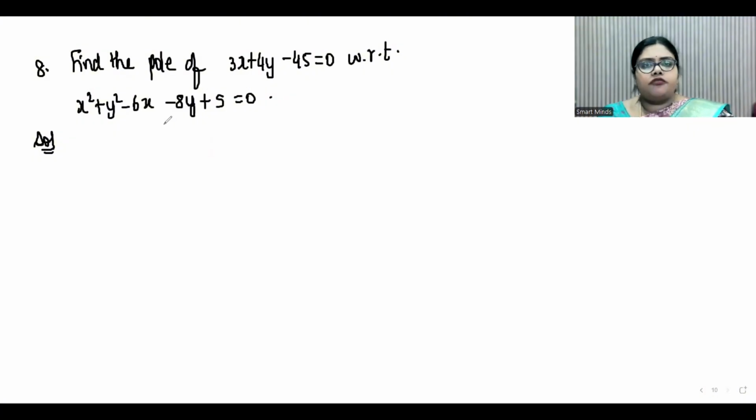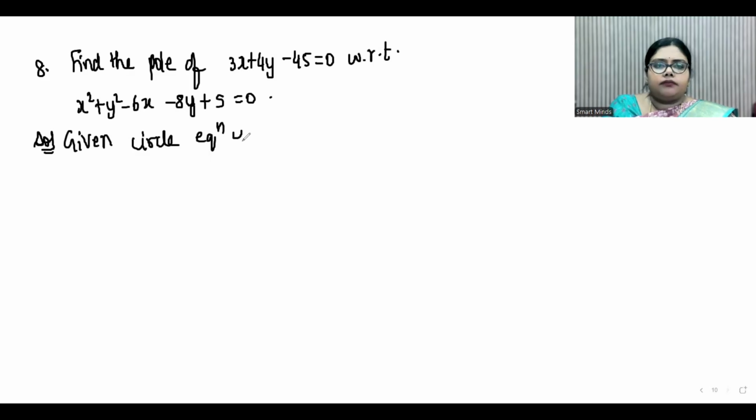Take the next question. Find the pole of 3x + 4y - 45 = 0 with respect to x² + y² - 6x - 8y + 5 = 0. First let us write the given circle equation: x² + y² - 6x - 8y + 5 = 0.